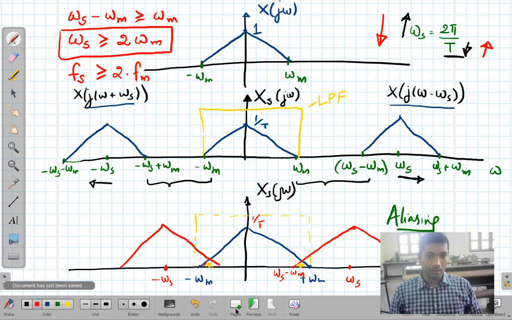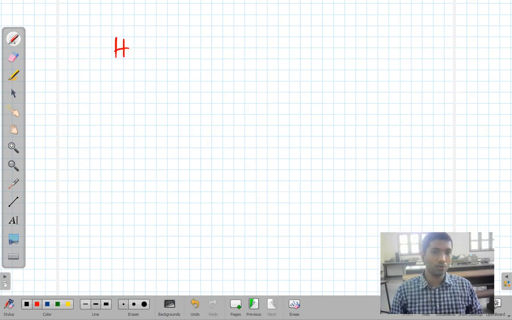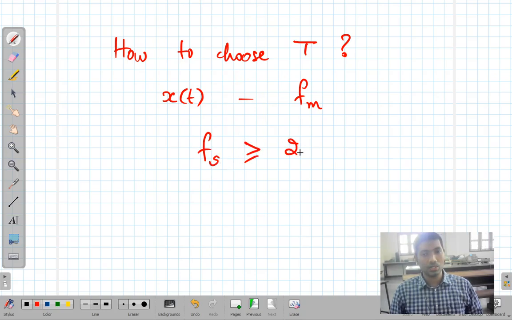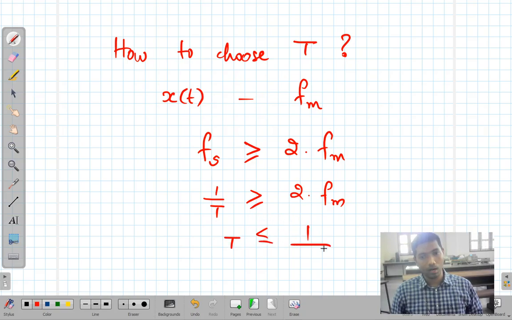So what is the answer? I'll write the question: how to choose the sampling period capital T. If you are given a signal which is band limited by highest frequency component omega m or fm, then by the sampling theorem, you need a sampling frequency which is at least twice the highest frequency component, and hence we can write this fs as 1 by T. So we require 1 by T to be greater than or equal to 2 fm, or you can write T as less than or equal to 1 by 2 fm.